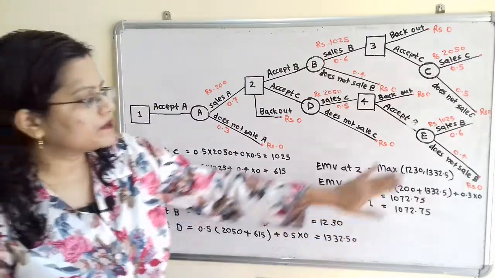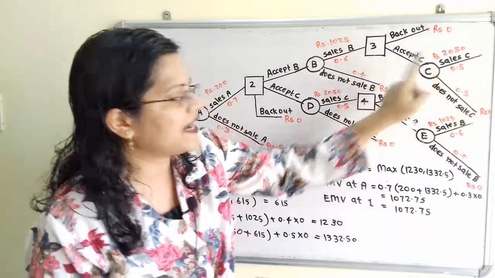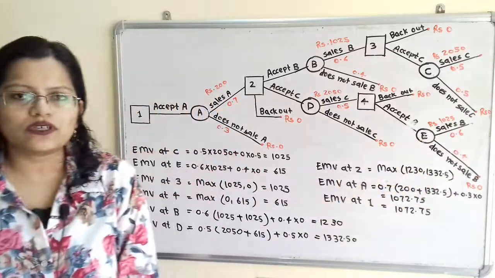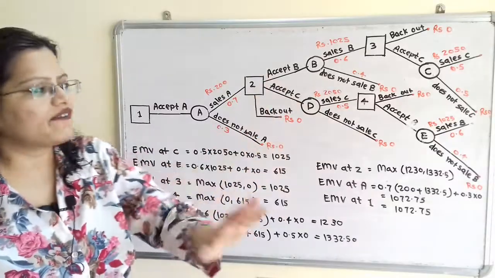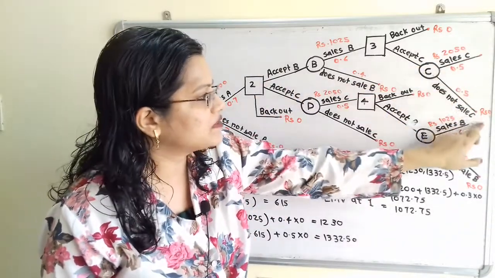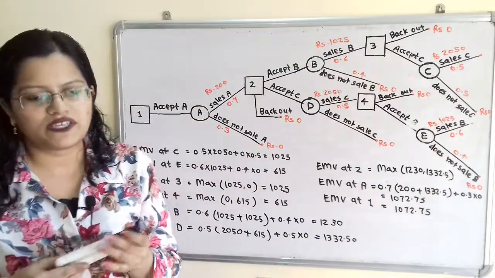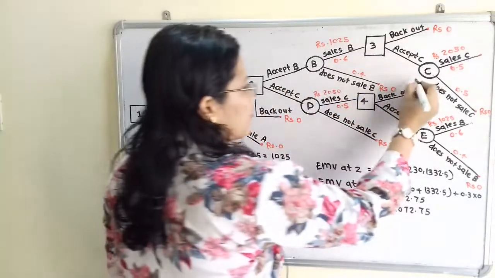On the right hand side, these two are the terminal branches at node C, and these are the terminal branches at node E. At node C, the expected monetary value is equal to 2050 into 0.5 plus 0 into 0.5, that is equal to 1025. So at node C I will mention this value 1025.